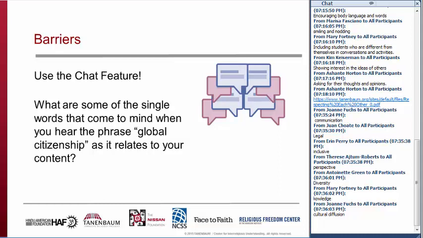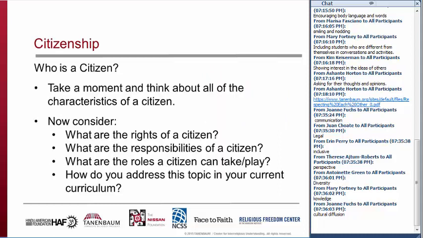I'm going to ask you to consider for a moment, and you don't have to use the chat feature with this, but just consider for a moment, if I can advance the slide. Who is a citizen? Let's take a moment and think about all of the characteristics of a citizen.